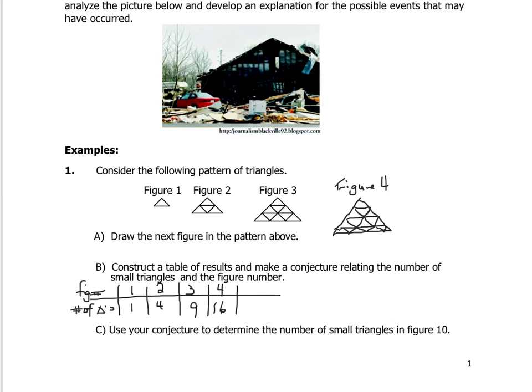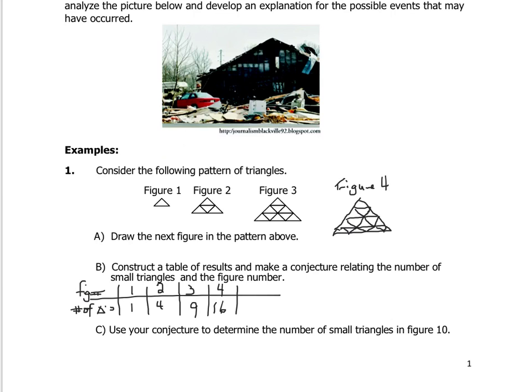If we look at the numbers there, obviously the figure number is going up by 1. The number of triangles went from 1 to 4, so that's 3 more, and then to 9, that's 5 more, and then to 16, that's 7 more.